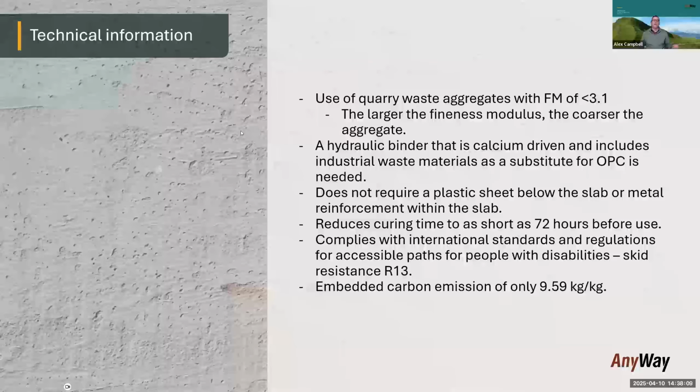So lastly, before I hand it back over to Zeev, some of the technical information: we've used quarry waste with a fineness modulus of less than 3.1. Really what that's telling us is that we're using material that would not be permissible using a traditional OPC or slag OPC blend.